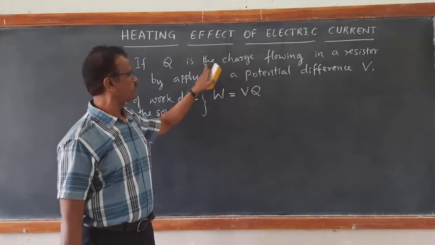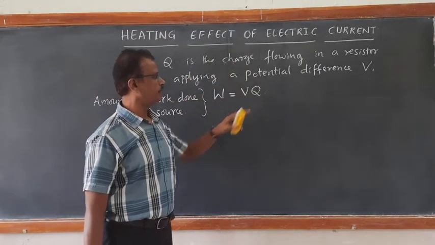So for an actual amount of charge Q, the total amount of work done is V into Q.